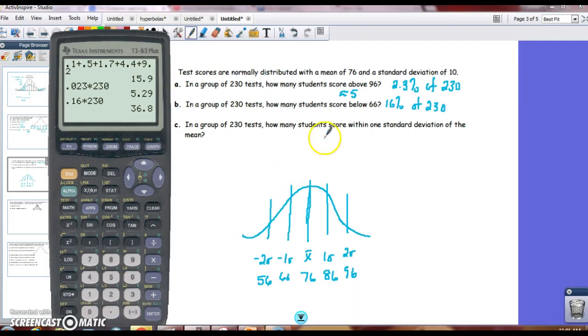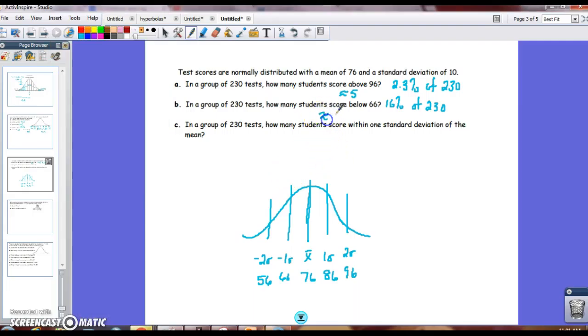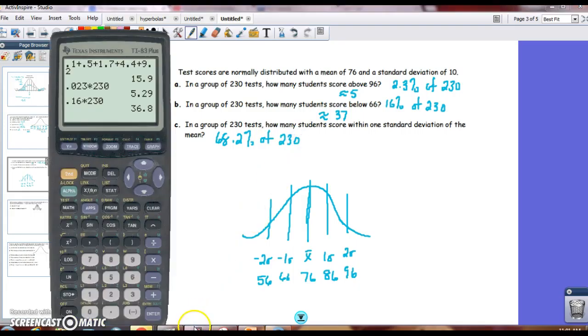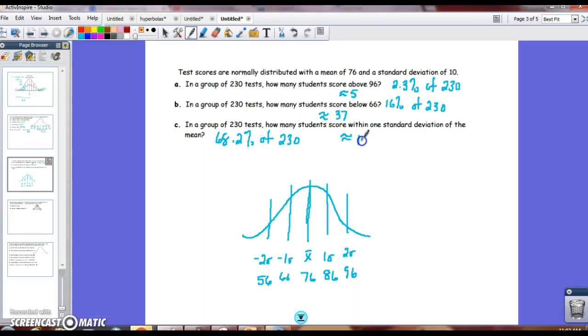That's going to give me 36.8, so approximately 37 students. How many students score within 1 standard deviation of the mean? We already know that that's 68.2%. So 68.2% of 230, 0.682 times 230, gives you about 157 students.